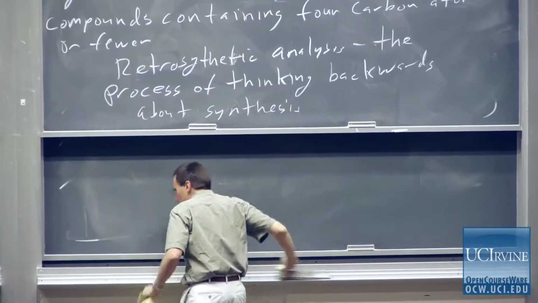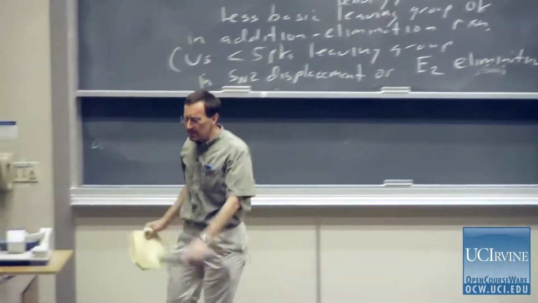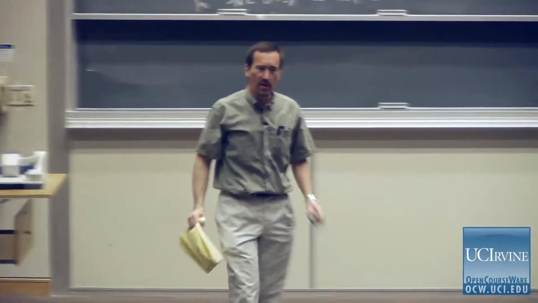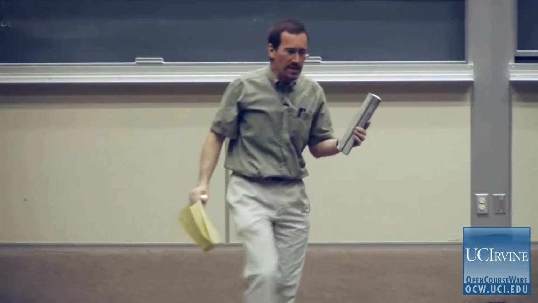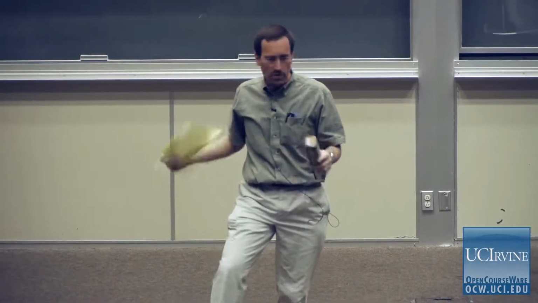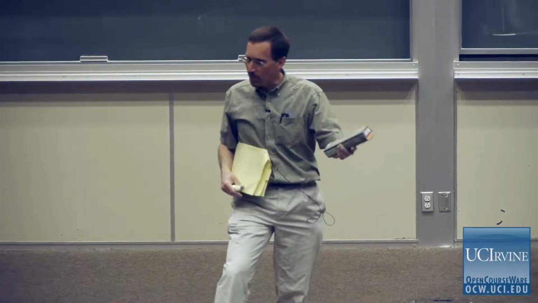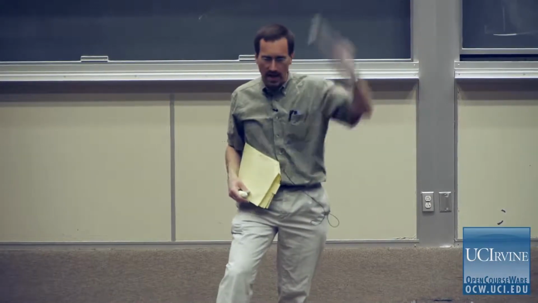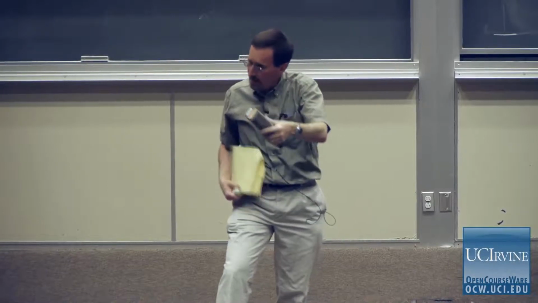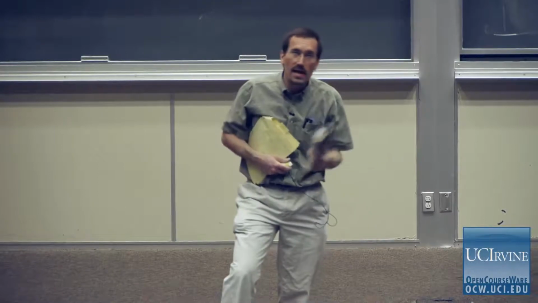The reason retrosynthetic analysis is so powerful, the reason that the process of thinking backwards is so powerful, is it's so easy to get caught up in details when you try to look at things from a forward point of view that it's very hard to see how to get there from here, from compounds containing 4 carbons or fewer. Oh, well, we're using organometallic reagents.